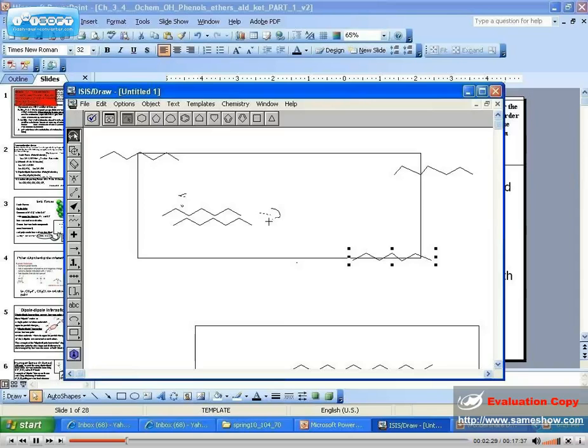In general, the higher the boiling point, the more powerful the intermolecular forces required to get there. So molecules which have ionic forces, for example, have a much higher boiling point than molecules such as these right here, which have London forces.